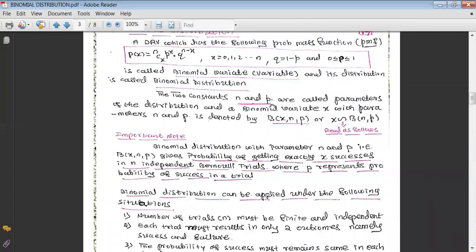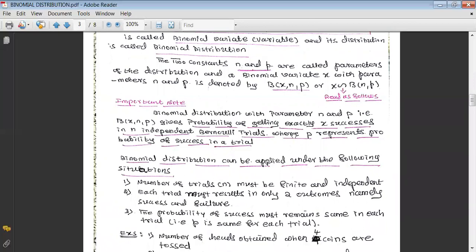A binomial variate with these parameters n and p is denoted as B(n, p), or we can say X follows B(n, p). Please note down the symbol. This symbol is read as follows, meaning we have to read it as X follows binomial with parameters n and p.